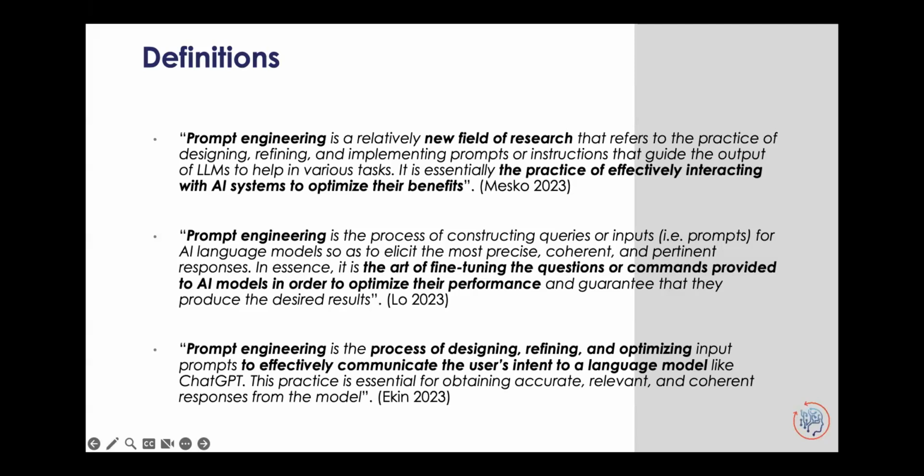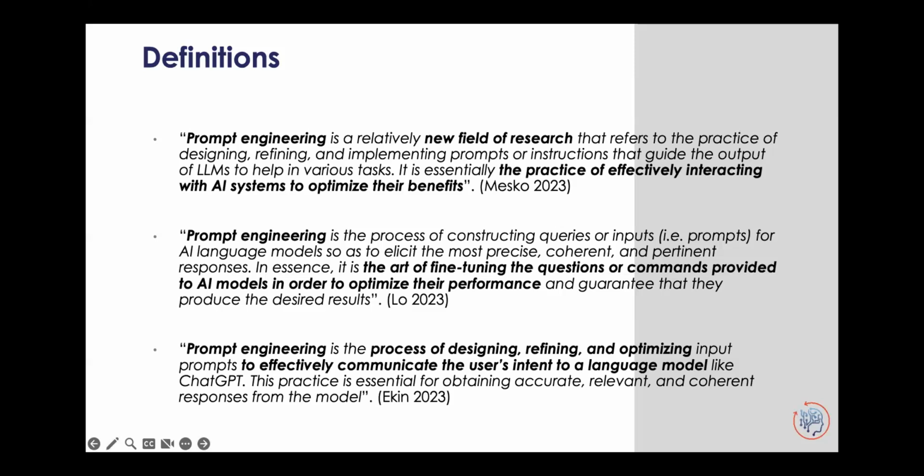Now, Lo 2023, I like their definition. It says it's the art of fine-tuning the questions or commands provided to AI models in order to optimize their performance and guarantee the best results. Ekin 2023 defined it as the process of designing, refining, and optimizing input to effectively communicate the user's intent to a language model like GPT.